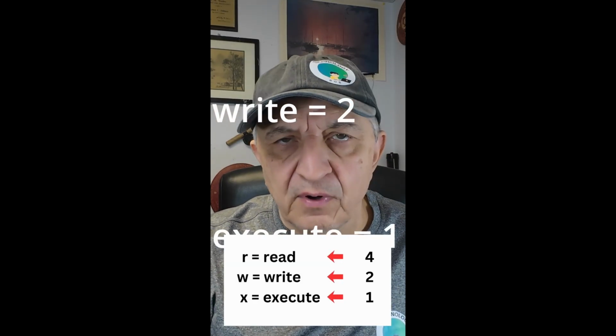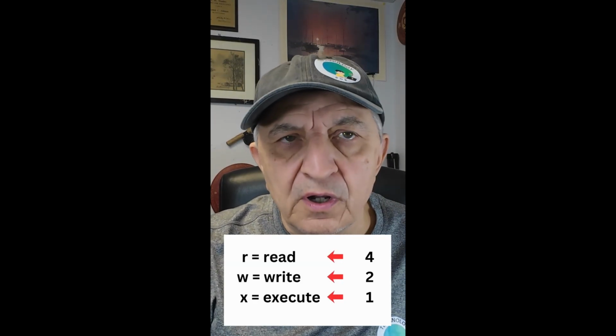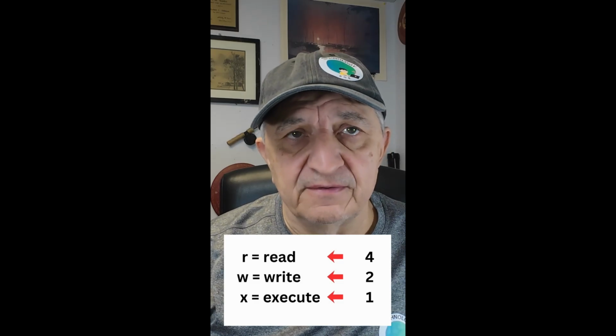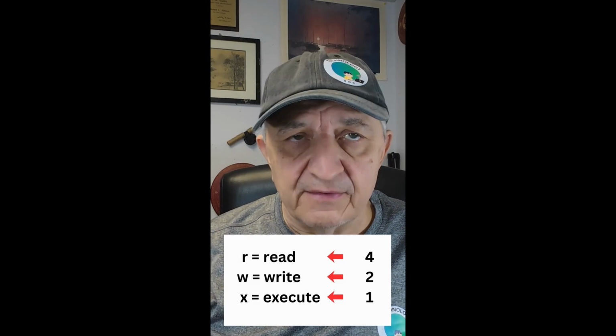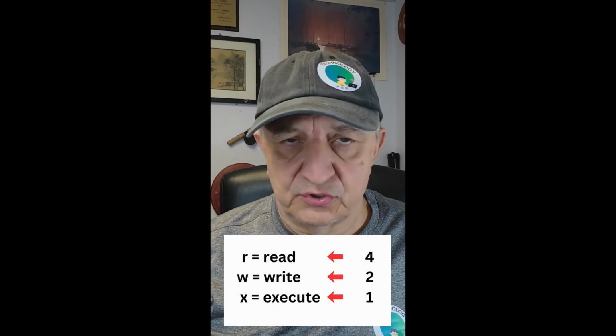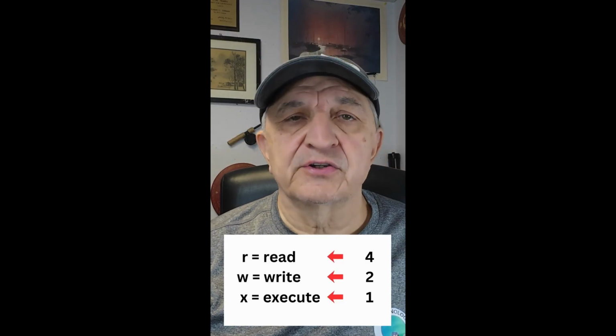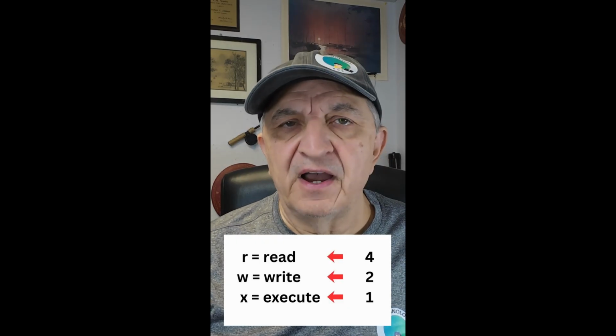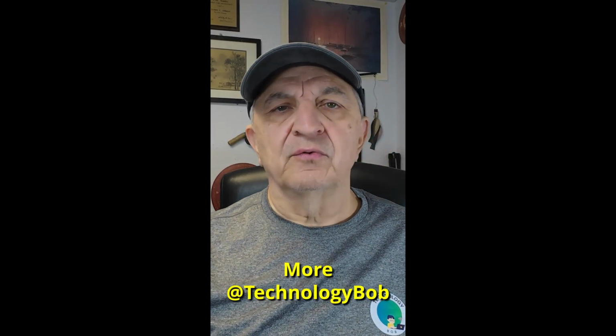Read is 4, write is 2, execute is 1, and if you add each group together, that'll explain the 755. So 7 means 4 plus 2 plus 1: read, write, and execute. 5 means 4 plus 1: read and execute. So with 755, the owner gets full access and is able to execute. The group can read and execute. And the world can also read and execute.